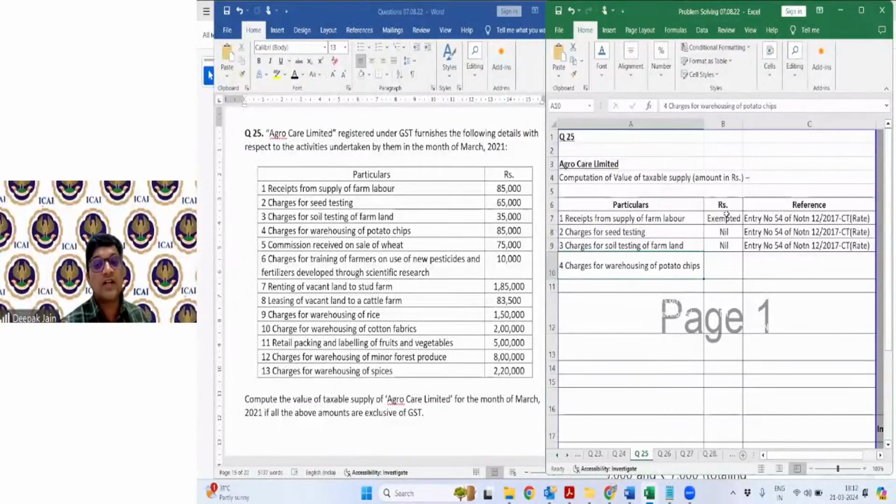Fourth item is charges for warehouse of potato chips. Now, is this liable or exempted?